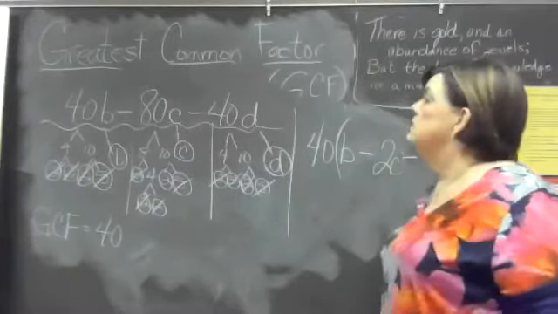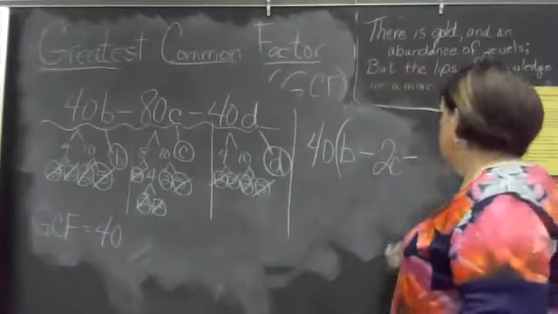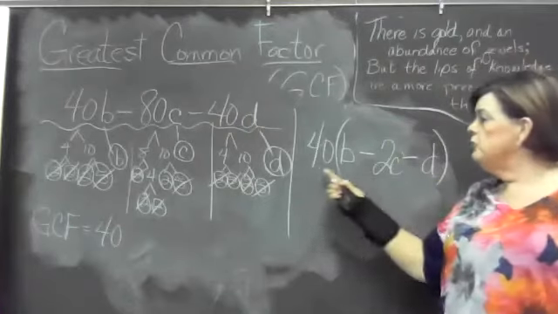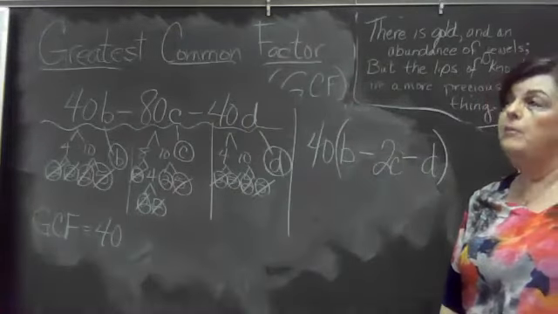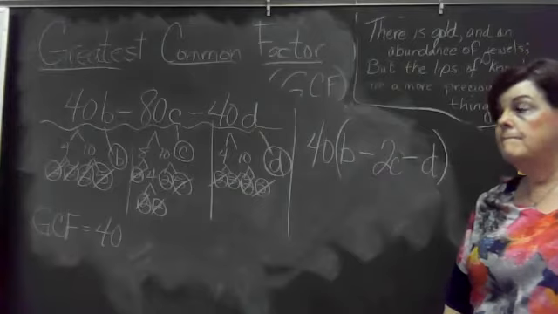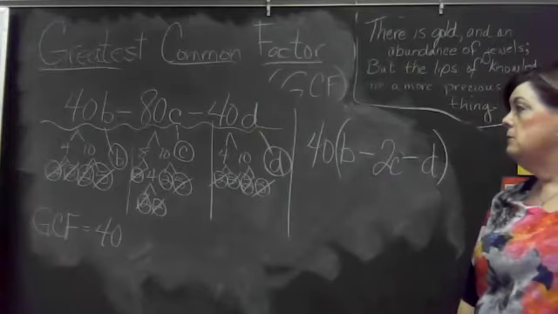And minus, and when I divide 40 out of here, a d, 1d. And this is our first step in factoring polynomials. First and probably the most important step. We divide the 40 out of each piece.